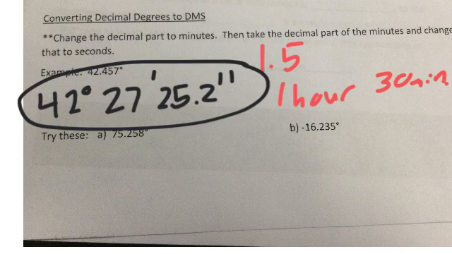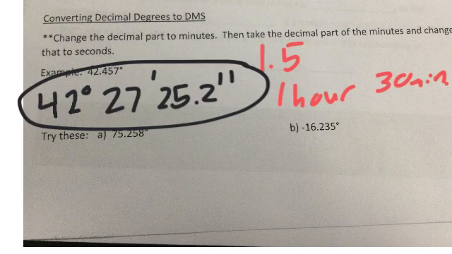So again, it's hard for me to do it. I would do it on my calculator, follow on my calculator. So I've got 42.457 degrees. The 42 is the whole number part. So I know it's 42 whole degrees. So it's kind of like I take that part off. And I'm left with 0.457, just the decimal part. I take the decimal part and multiply it by 60. When I do, I get 27.42.